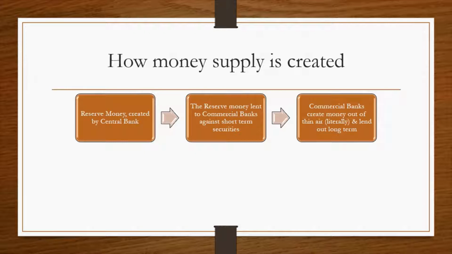And as many of you might know, lending out money long term fetches more interest than taking money at the short term. Of course, the difference between the two is one of the ways the banks profit or make money.